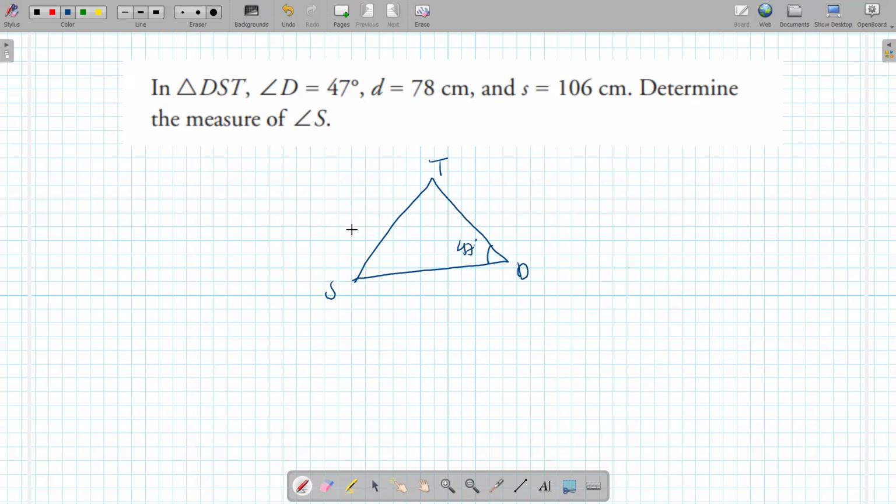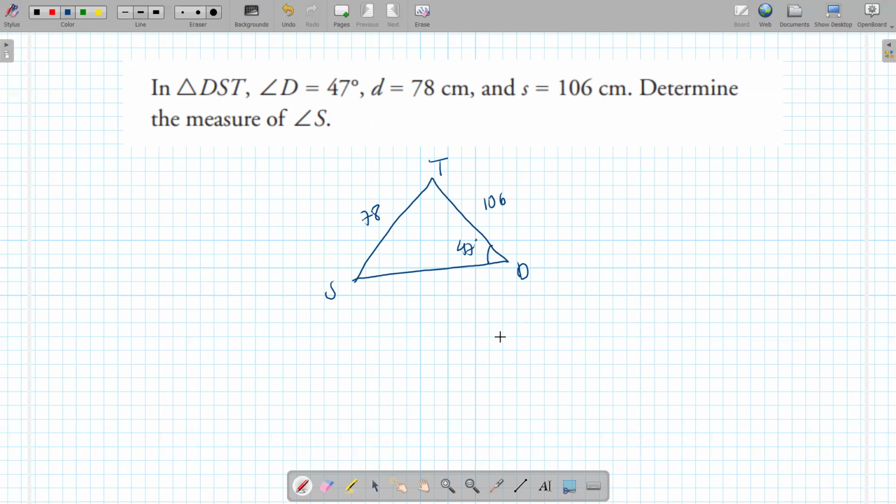That's why it's called the sine law, because of the opposite. 47, 78. Small s is 106, so small s is going to be this side length, opposite to angle S, 106. It says determine the measure of angle S. Do we have a set? Yeah, we do. 78 and 47.